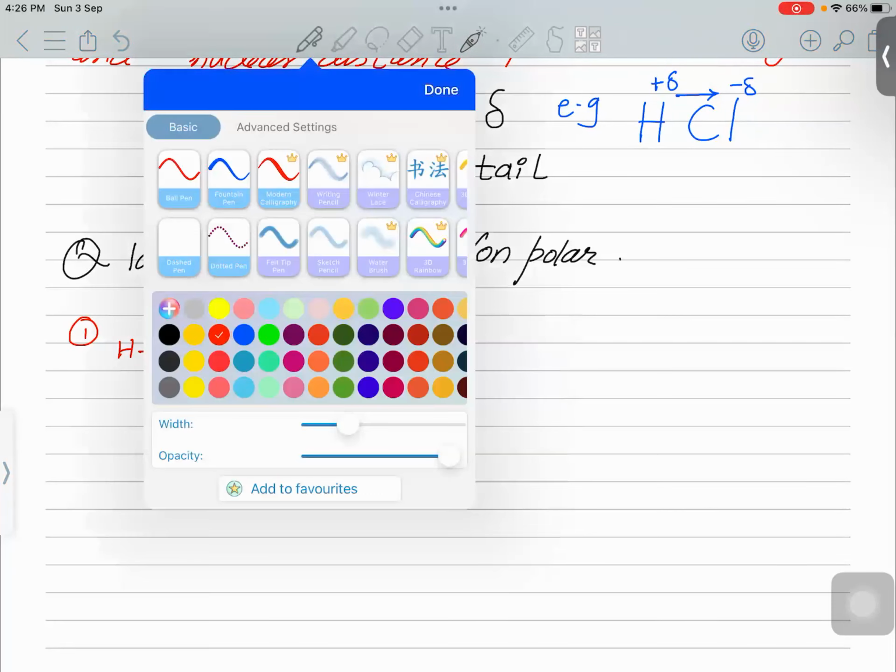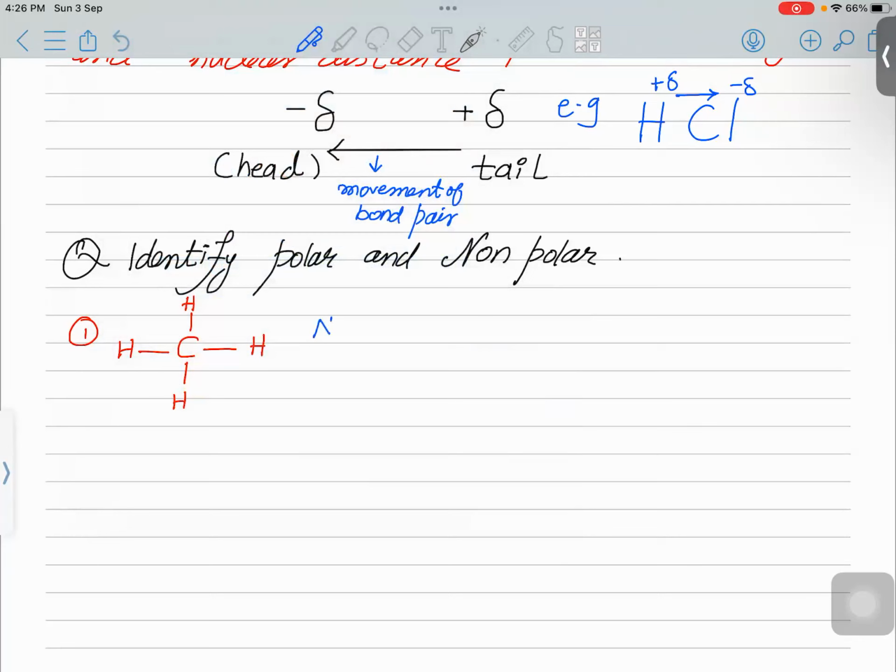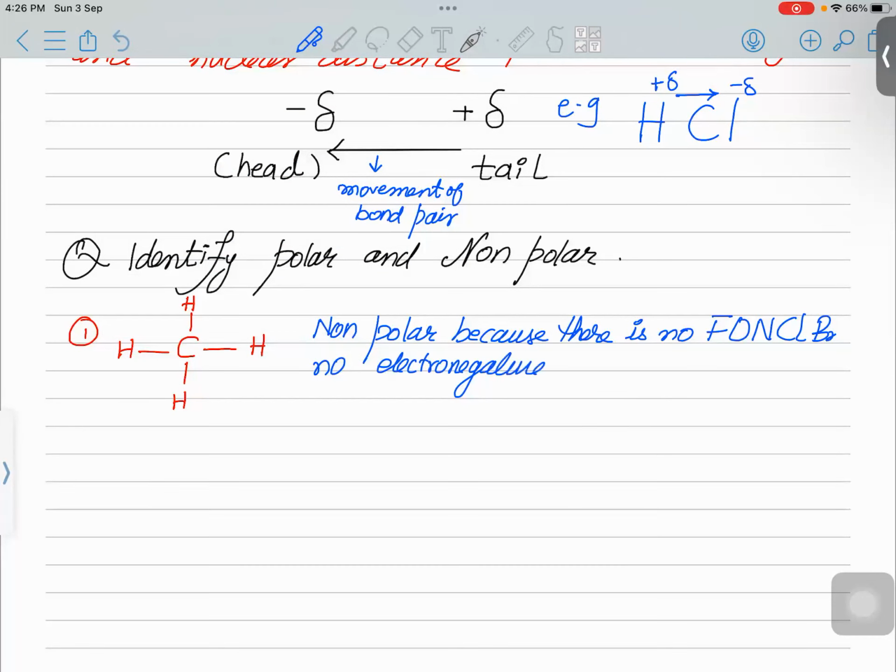So the answer is non-polar, because there is no FON club, no electronegative element.